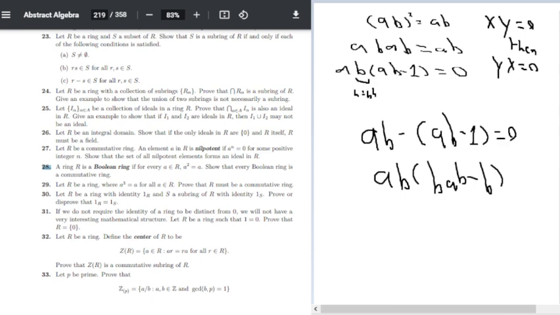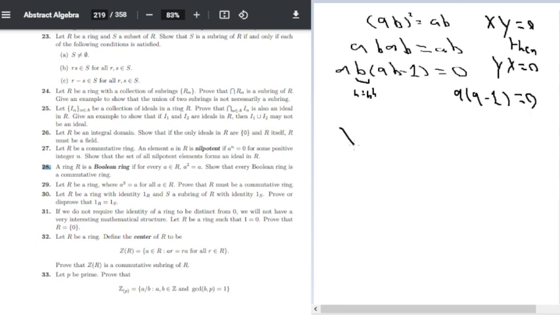Oh my gosh, okay. So we have a minus 1 is equal to 0. So let's think. Let's just see what we can formulate here. So we have xy minus 1 is equal to 0.